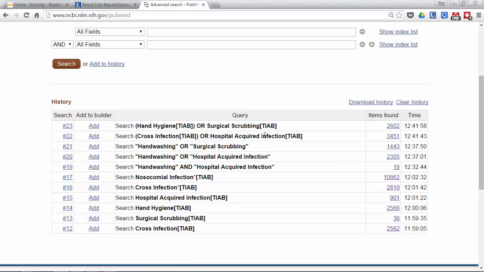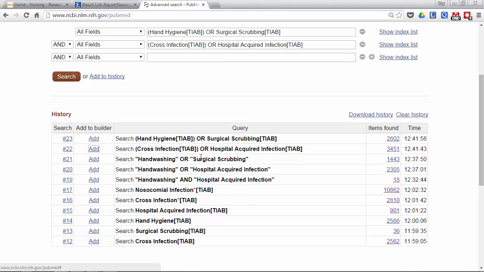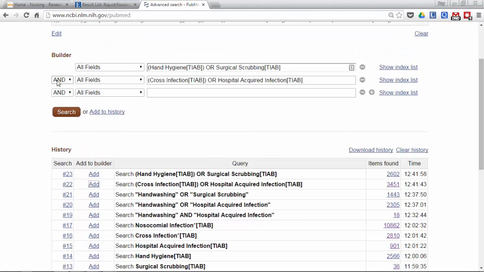In the first one, I'm pulling every article that has either hand hygiene or surgical scrubbing in it. In the second, I'm getting any article that talks about cross infections or hospital-acquired infections, so a pretty large number.